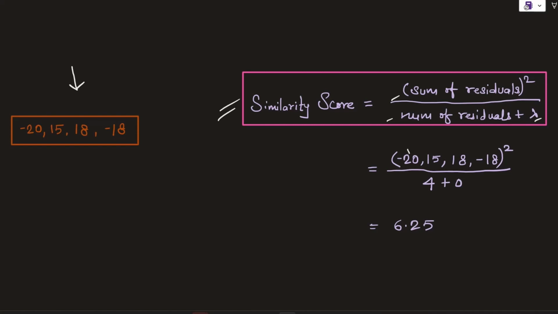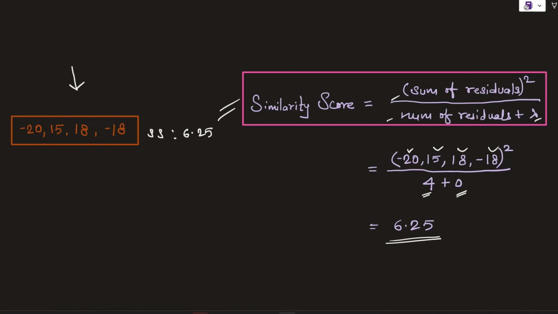We have 4 data points that we will place here and then we take the square of it. Number of residuals, we have 4. To keep the explanation simple, for the time being, I'm keeping the lambda value as 0. If you do the calculation, we get a similarity score or quality score of 6.25. So this will be the similarity score of this particular leaf node, which is 6.25.